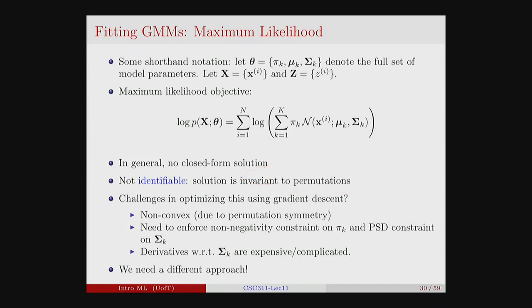Yes? Sorry, are you saying they can have one solution where k equals 3 and another where k equals 2, or are you talking about something else? No, I'm saying for a fixed choice of k, when you learn a Gaussian mixture model, I can come up with permutations of that solution, all of which have the exact same likelihood of your observed data, because I can just swap the identities of the cluster means and the cluster proportions, the Gaussian means and the Gaussian proportions.